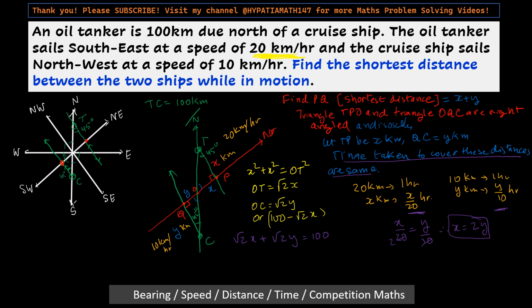So instead of x, if I put 2y, what happens? I get root 2 times 2y plus root 2y is equal to 100.